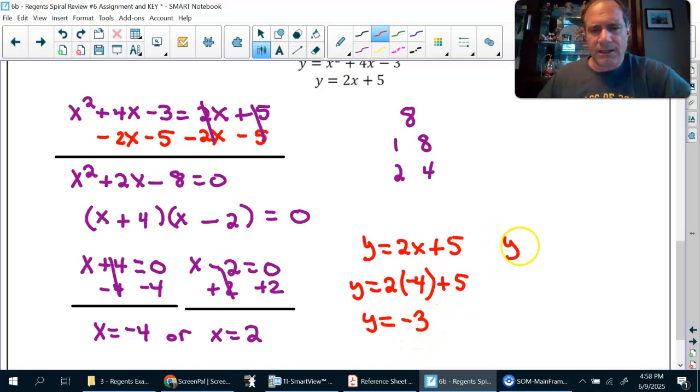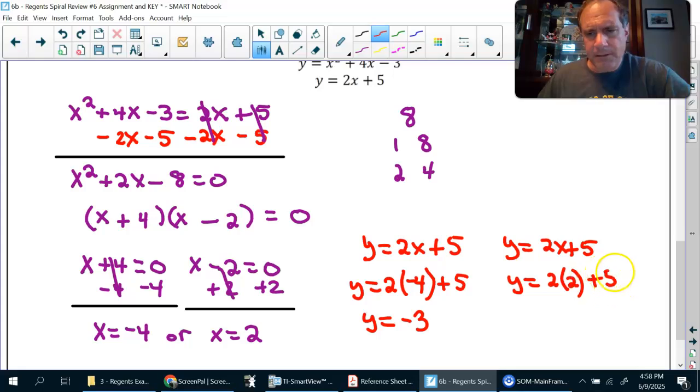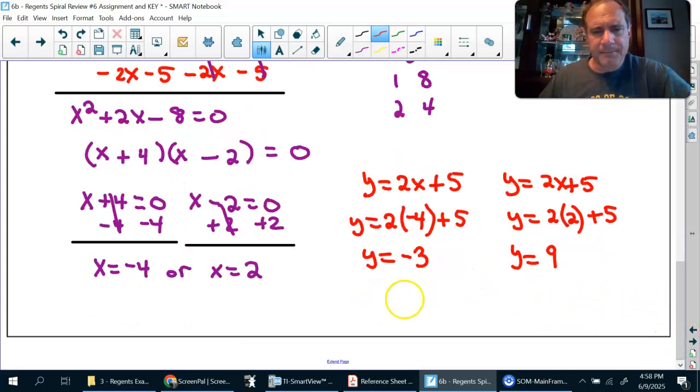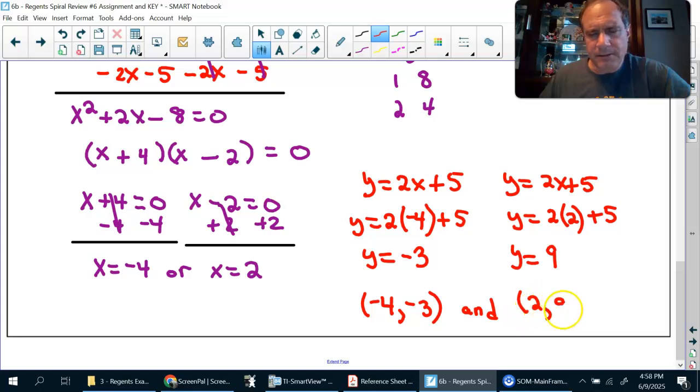And then we have y equals 2x plus 5 again, and we are going to substitute the 2 in. So that's 4 plus 5, which is y equals 9. So what we have is negative 4 comma negative 3, and 2 comma 9.